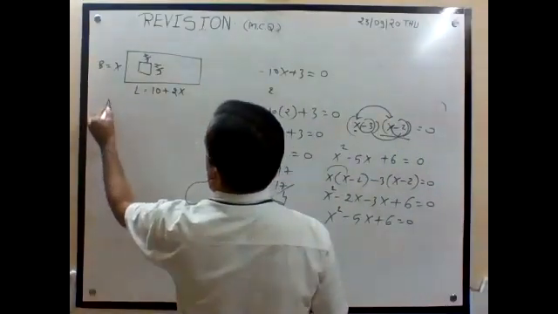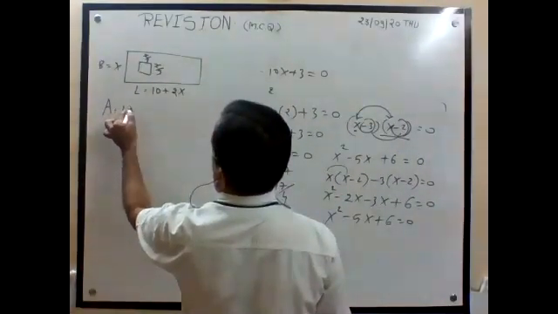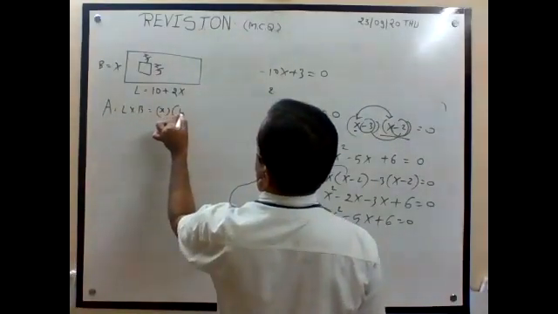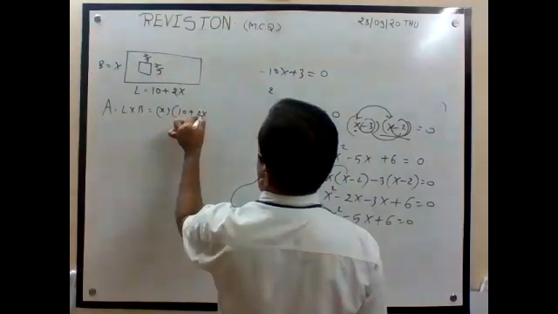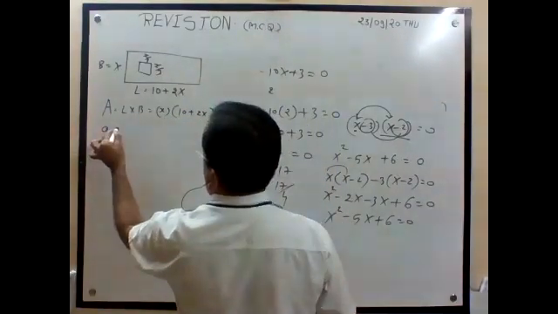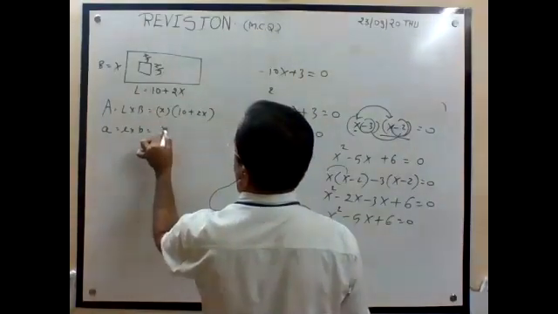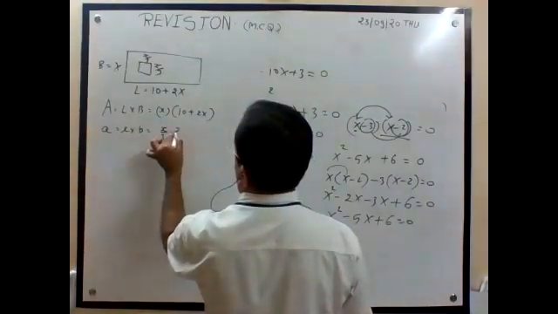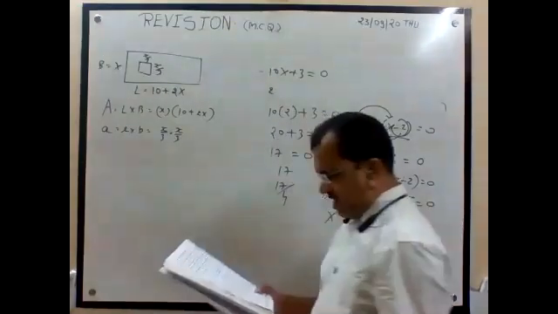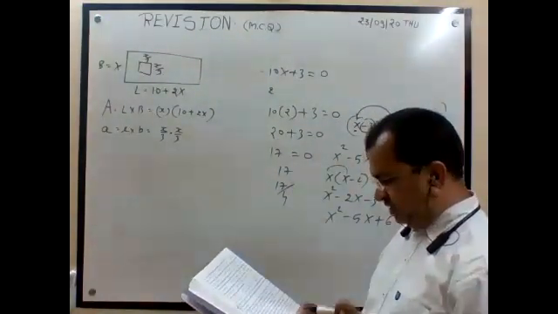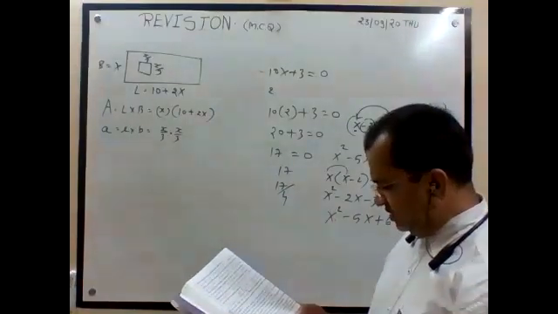So big area is equal to length into breadth, which is x(10 + 2x). For the small area, length and breadth are both the same, x by 3, x by 3. Now the area of the farm is 20 times the area of the pond.